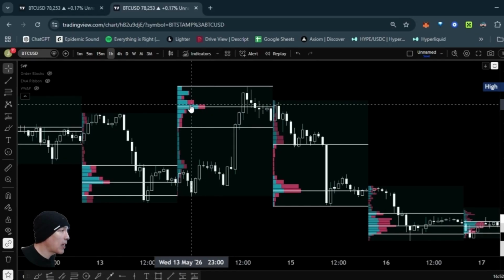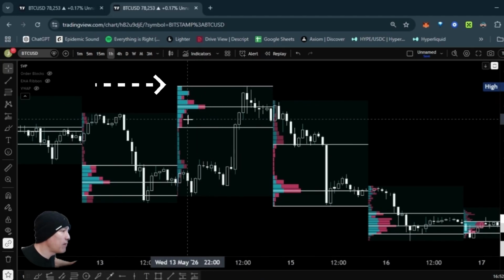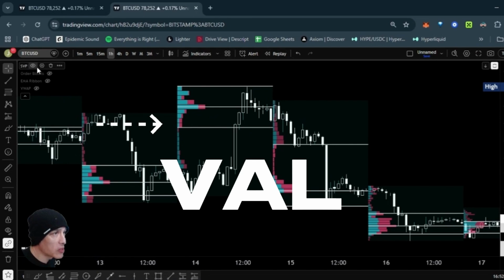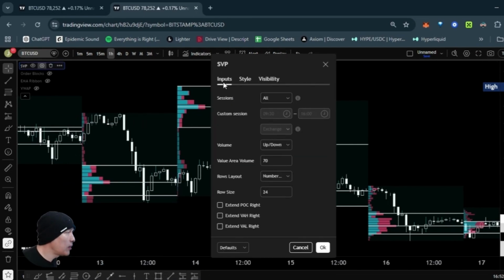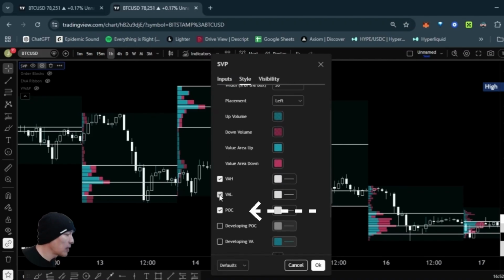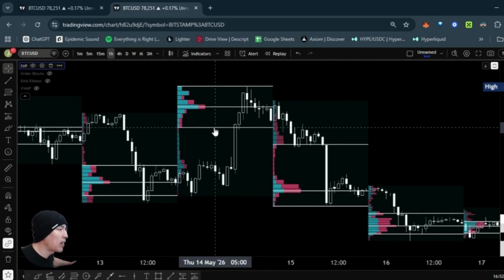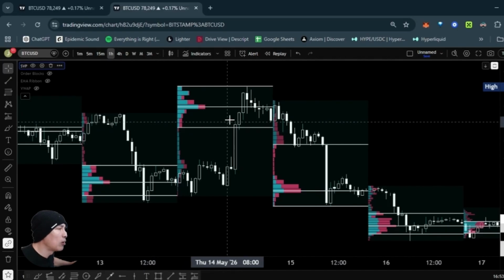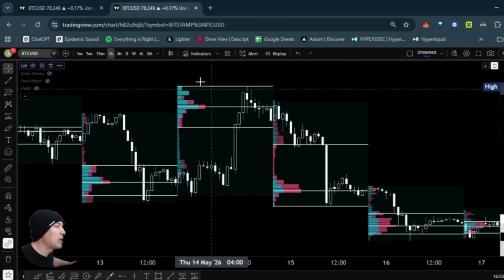Now you also have the value area high, which is indicated by this line, and the value area low. Where you set that inside of the settings is not under inputs, but under style. You're going to come down here and click value area low and value area high, so you can make sure that you have these two lines to help you identify where the high and the low is for that specific volume profile at any given session.